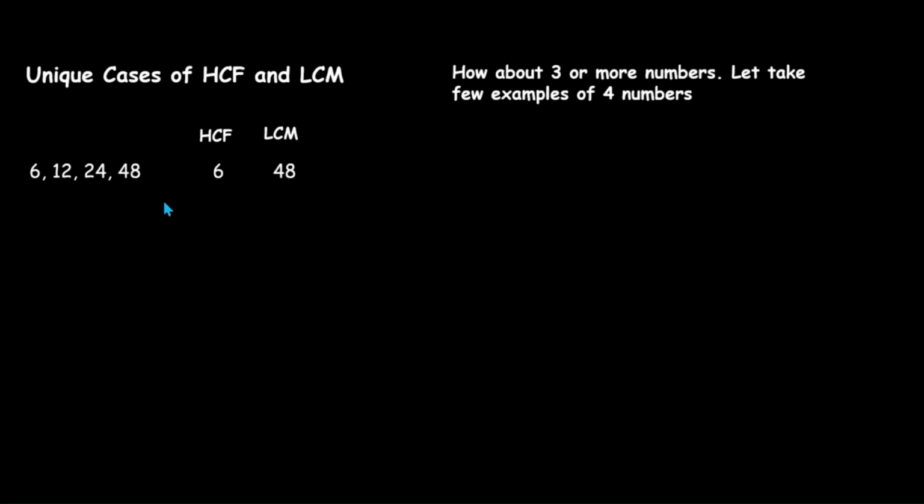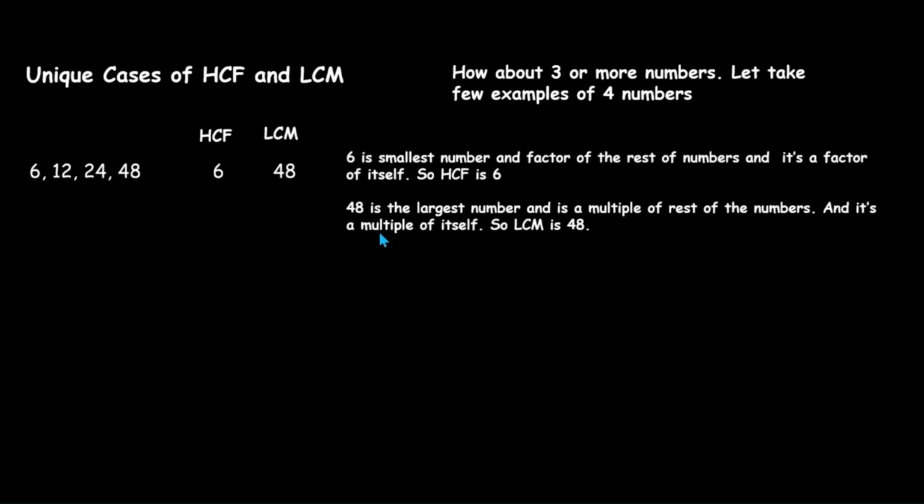And when it comes to LCM, 48 happens to be a multiple of 6, 12, 24. Of course, it's a multiple of itself. So between them, 48 will become the LCM. It's a pretty straightforward case, just like the two-number examples that we have seen a moment ago.